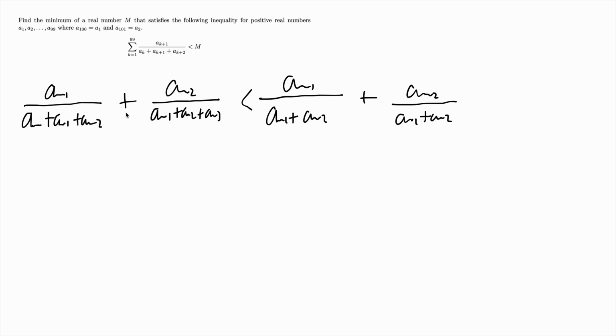And this is quite obvious because a sub k is greater than 0, a sub k plus 3 is also greater than 0. And notice that this is equal to 1.